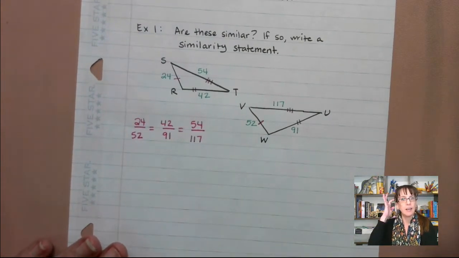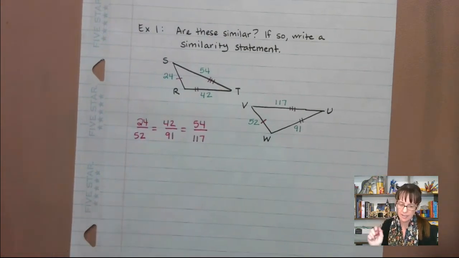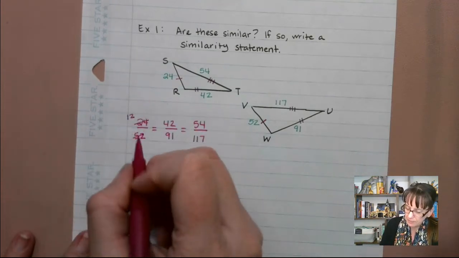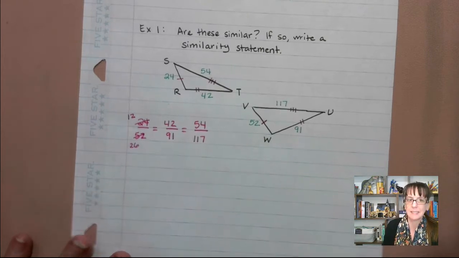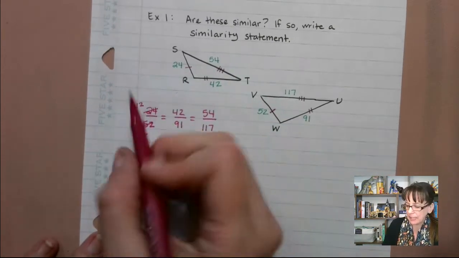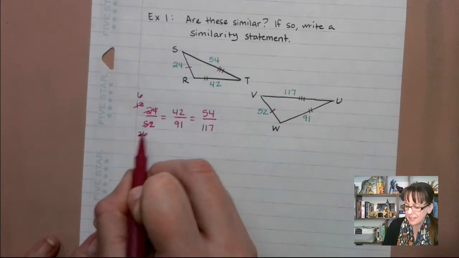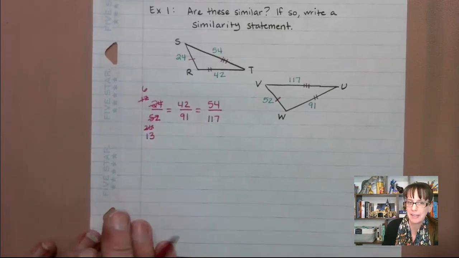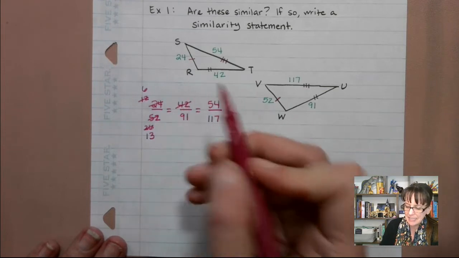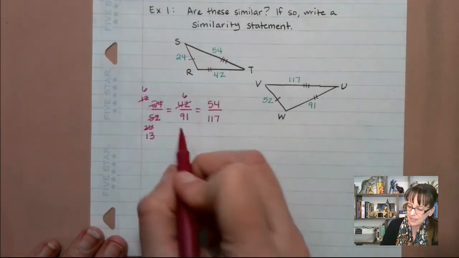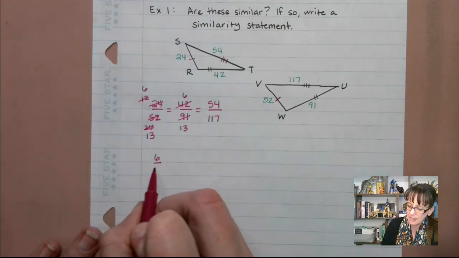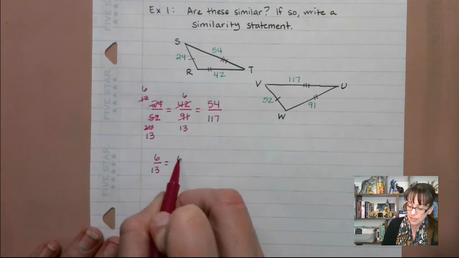Let's cut these in half, and I get 12 and 26. If I cut those in half again, I get 6 and 13. Can't go any further because 13 is prime, so we'll leave it at that. If I divide this by 7, I get 6. Divide this by 7, I get 13. So right now I have 6 over 13 equals 6 over 13.